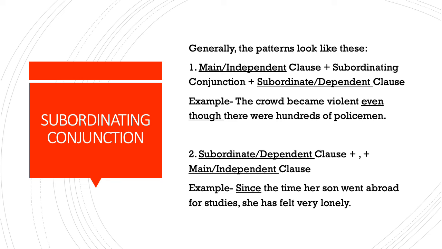So there was this particular crowd which was very angry, and there were policemen to control the crowd. So many policemen were there, still the crowd was angry, police could not control the crowd. This is the meaning of the sentence.